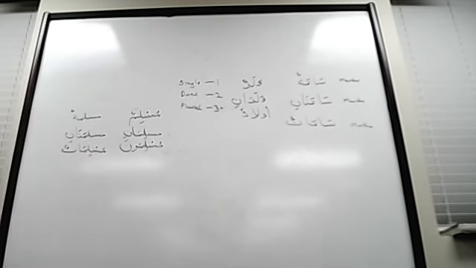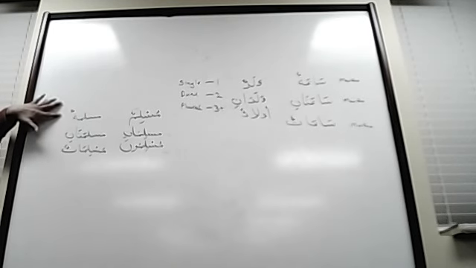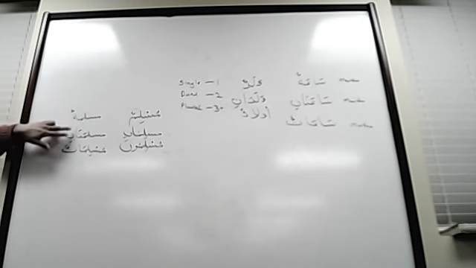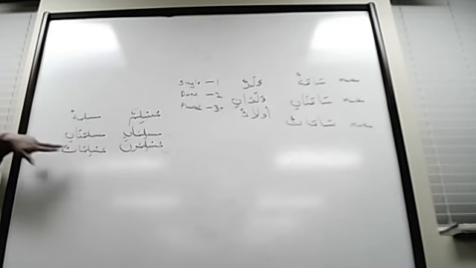The point here is that you can get the dual and plural form just from the singular. If you know what one muslimatun is, then you just add tani to get dual, and atun to get plural. For any female word, it's easy. Because if you have only one, you can know the other two easily.